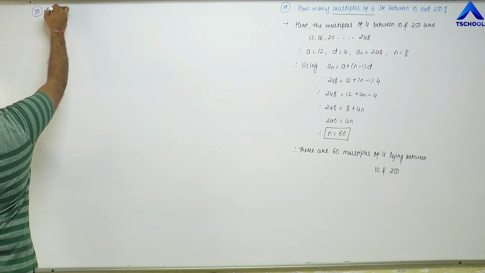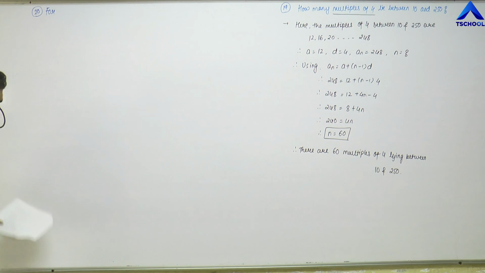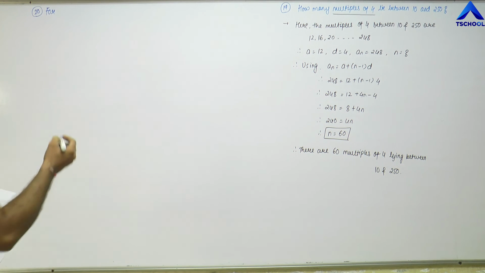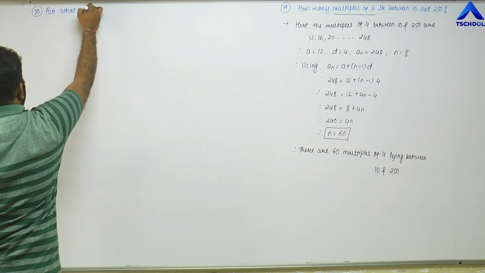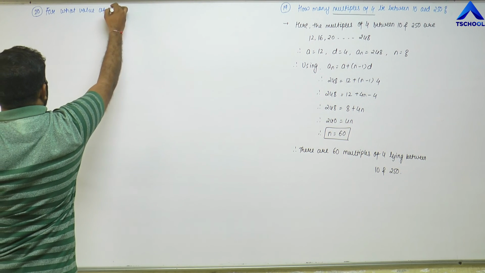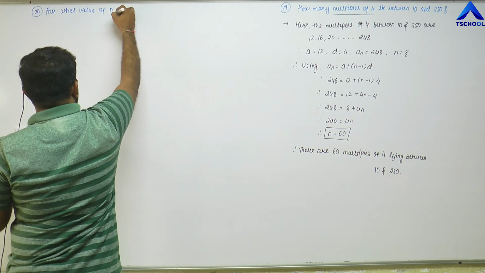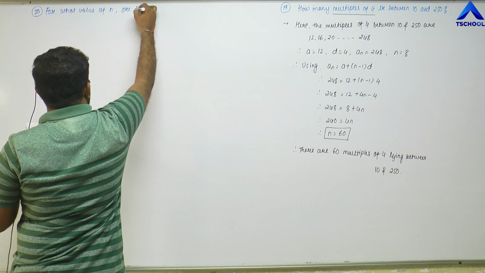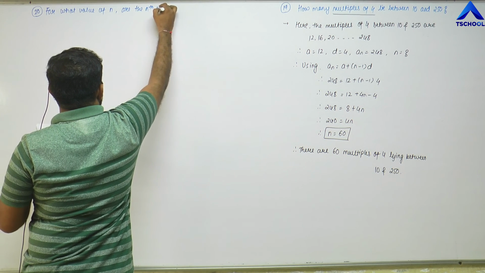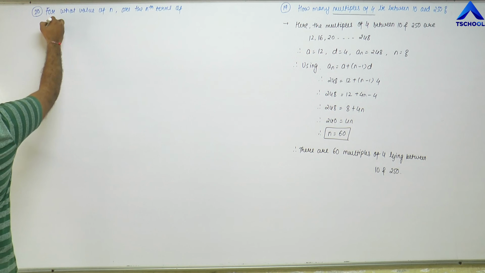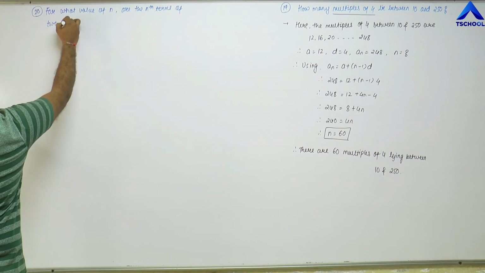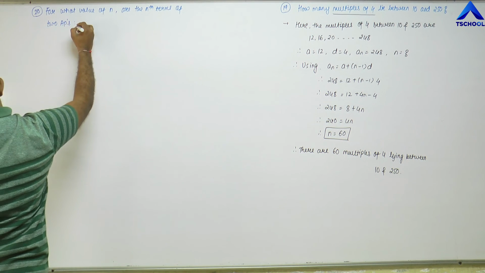For what value of n are the nth terms of the two APs equal? The APs are given.